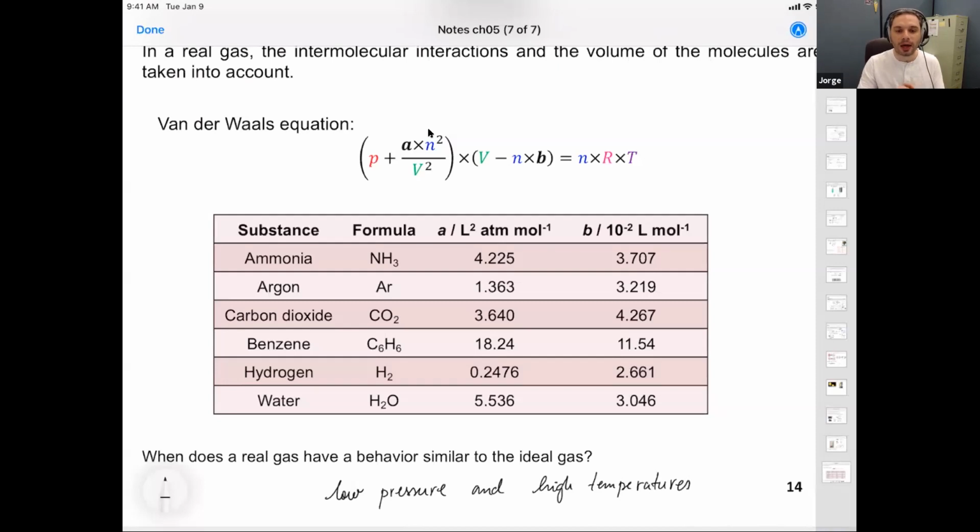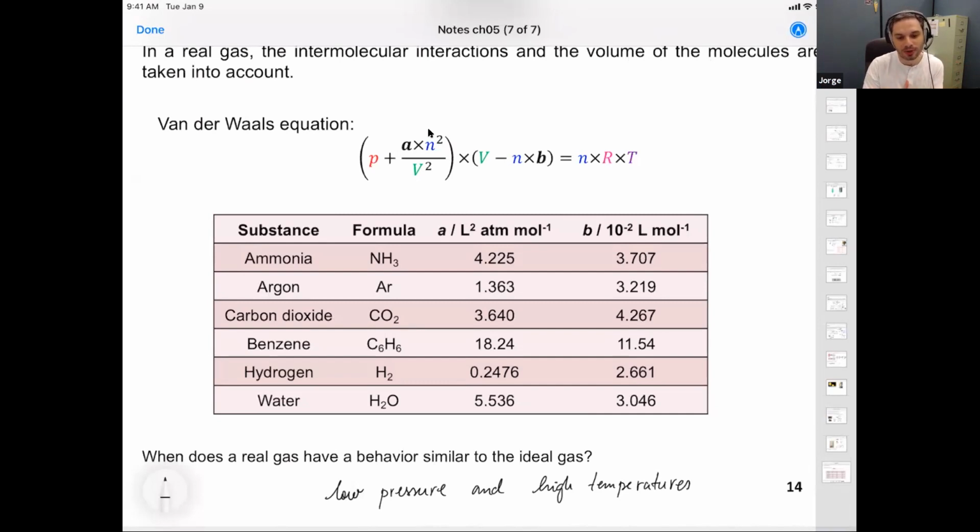We need to have low pressure because when you compress the gas, when you are pressurizing the gas, you are forcing the molecules to get closer to each other, and that will increase the probability of intermolecular interaction. Low pressure, we usually have the molecules so far apart that there is basically no interaction.